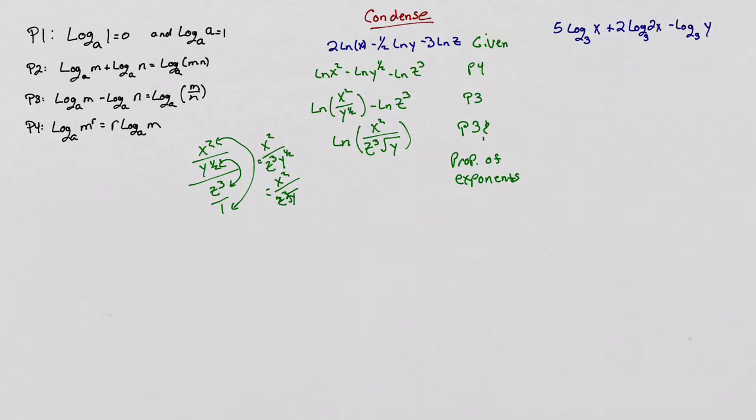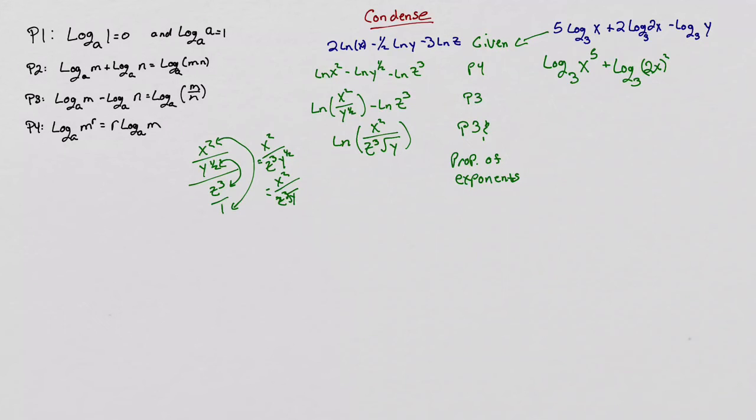This other one, we're going to also write what's given, and I'm just going to cheat and say I wrote it right there because I don't have a lot of room here. And we're going to go ahead and condense. First step, let's take care of all of my exponents. So I'm going to have log base 3 of x to the 5th power plus log base 3 of 2x squared.